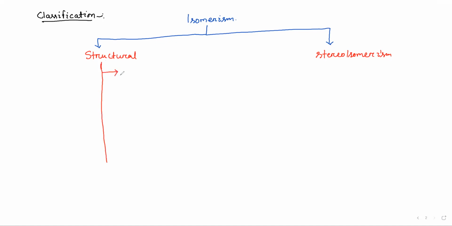First one is chain isomerism. Second one is position isomerism. Third one is functional isomerism.